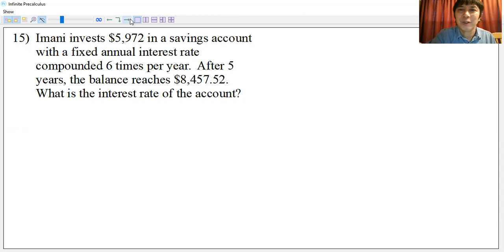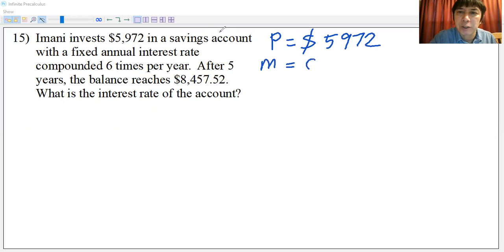Let's have the given. Amount invested is P, that's 5,972. Compounded 6 times per year, so that will be the compounding period M, that's 6. And after 5 years, so that means our T is 5 years.